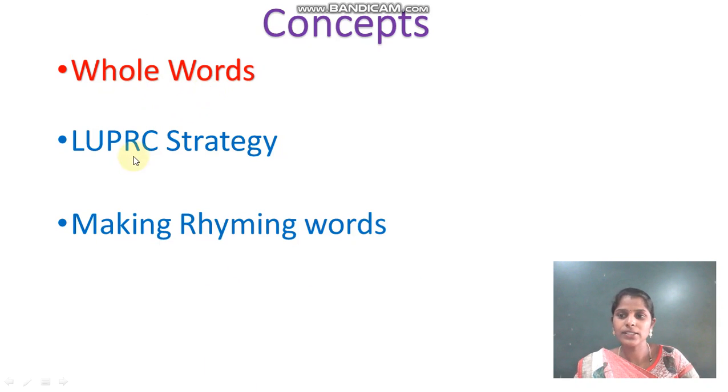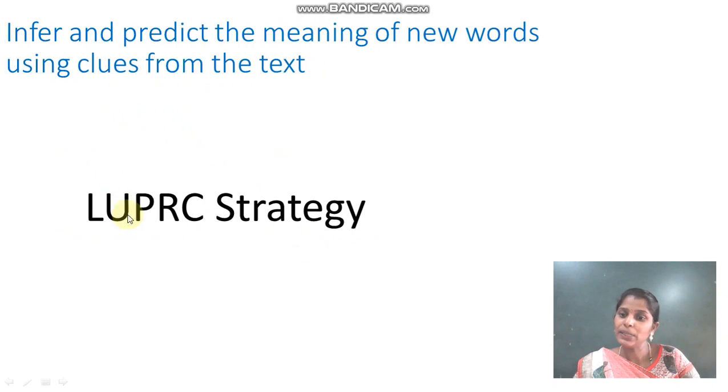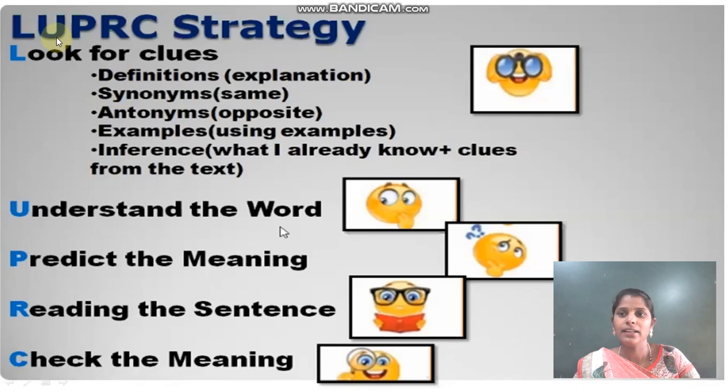In the whole word session today we are discussing the LUPRC strategy and making rhyming words. What is the LUPRC strategy? Infer and predict the meaning of new words by using clues from the text. What does LUPRC stand for? L is look for clues.